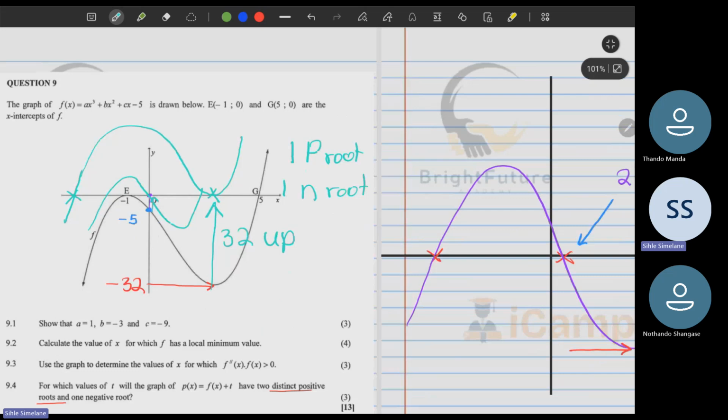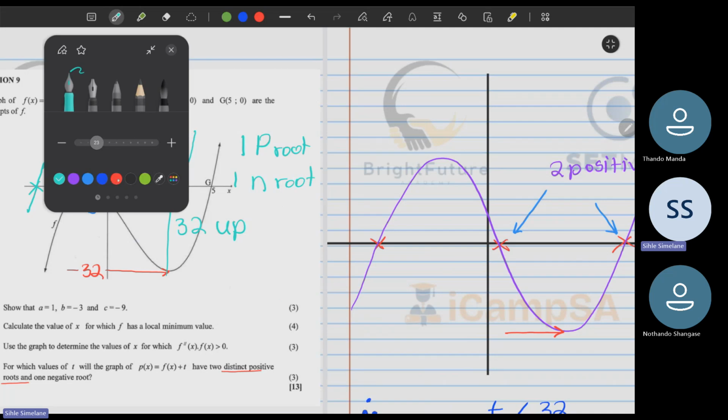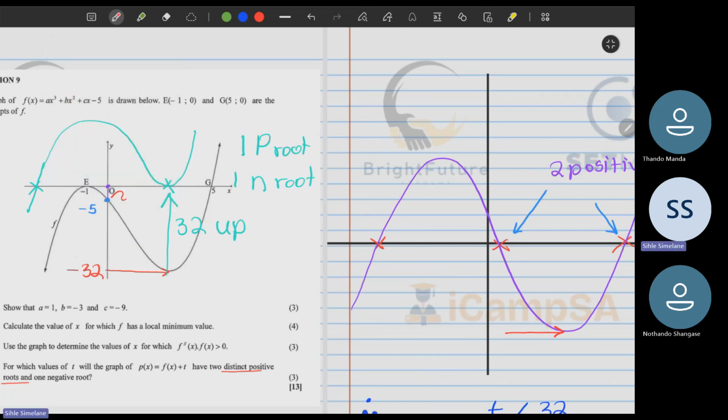That's a question. If we push it exactly by 5, it sits as I showed you. Is 0 a positive root? No. So if we push it up, we must push it up such that it's more than 5, so that we can cross somewhere on the y-axis there. Then guess what? We now have 2 positive roots.